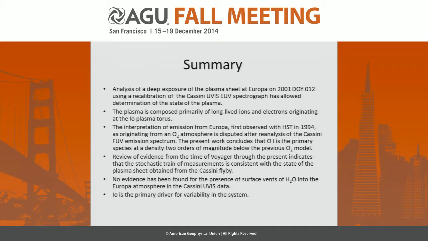We've got a deep exposure in the EUV with the UVIS instrument, and we extract the plasma structure, the state of the plasma. And it turns out that it's primarily long-lived ions from Io, so it's hard to extract the input from Europa.